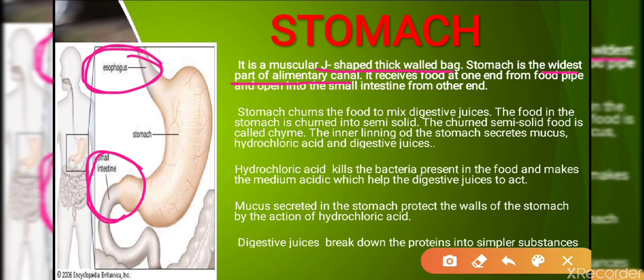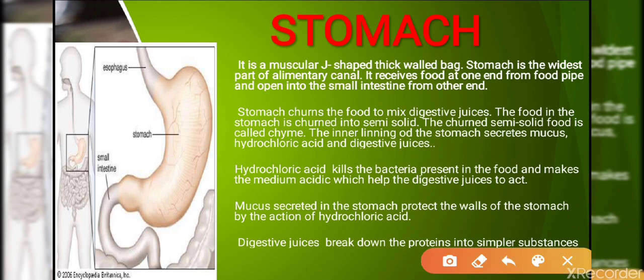The food remains for most of the time in the stomach. Stomach churns the food. Churns means shaking. So, the shaking that occurs in the stomach helps to convert the food into a semi-solid material. This churned semi-solid food is known as chyme.